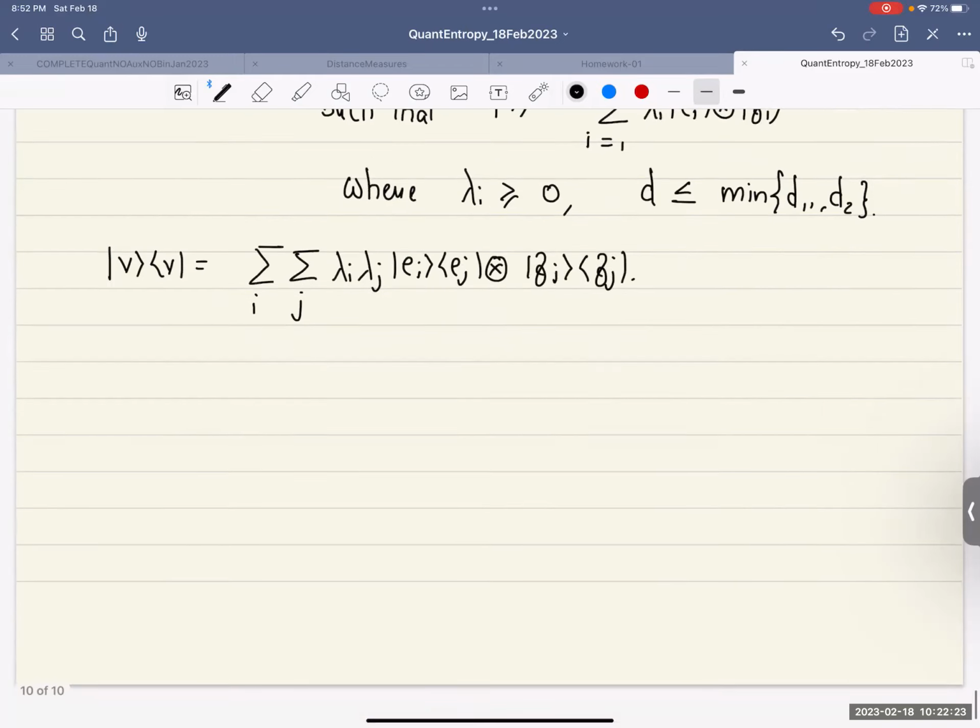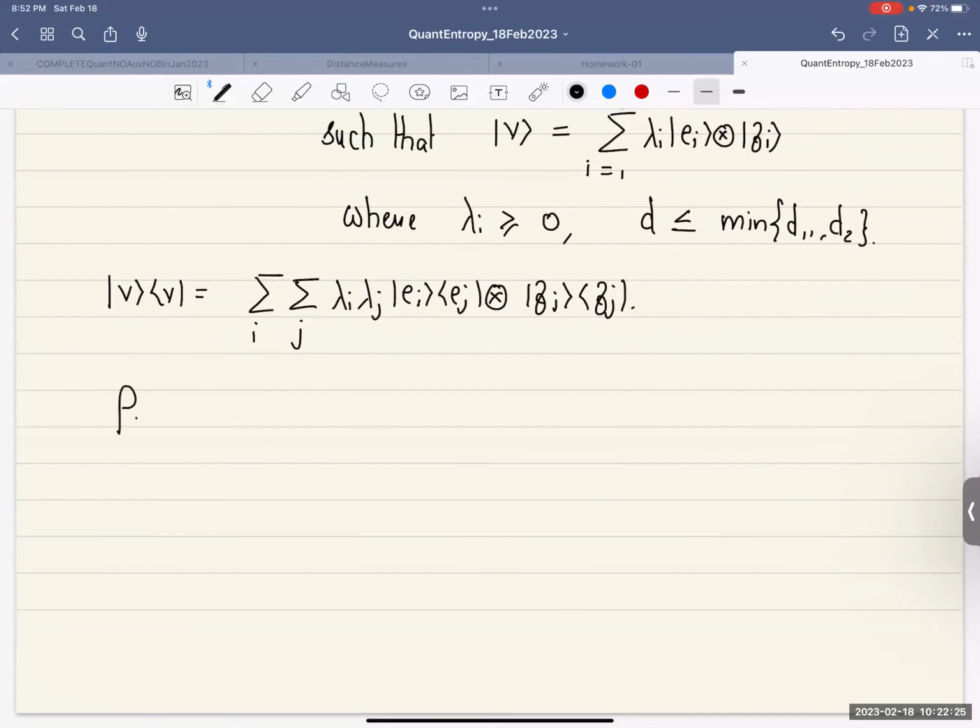right? What is rho A? When I trace on the second component, I am going to get summation lambda_i e_i e_i, right? When I trace over the first component, I get summation lambda_j f_j f_j. I'm just using different indices, but they're essentially the same. Correct? So the vectors of eigenvalues are identical.